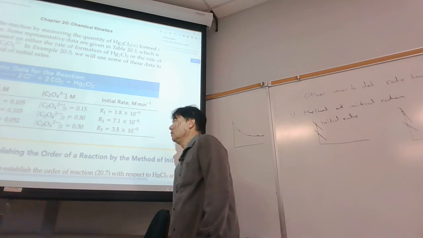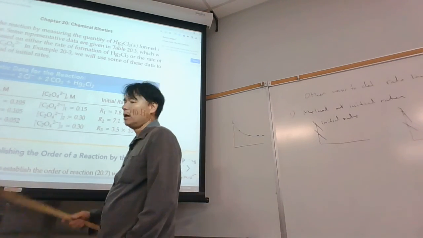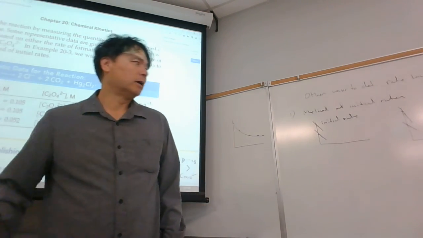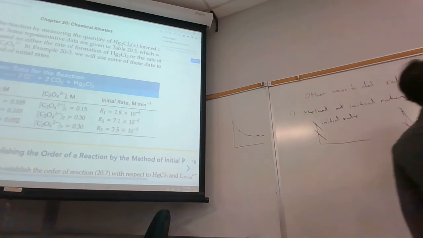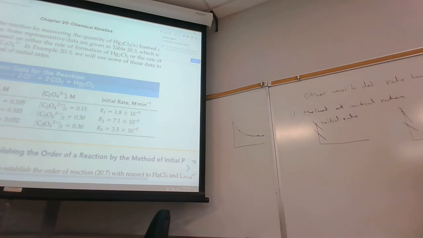Okay, now the only thing we're missing for the rate law is, well, we want the complete rate law. And so the rate is equal to k times the HgCl2, mercury 2 chloride, to the second order, and the oxalate is to the first order.